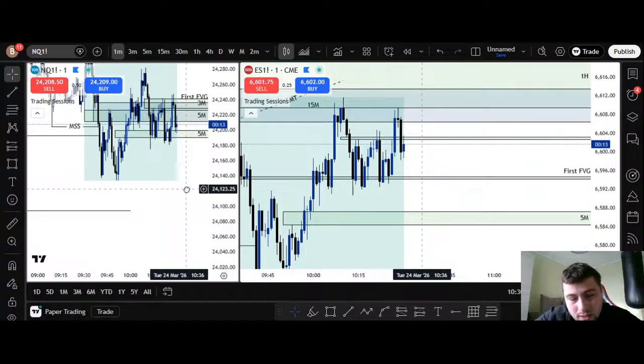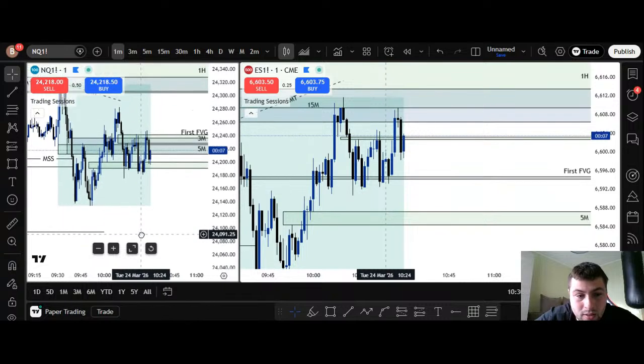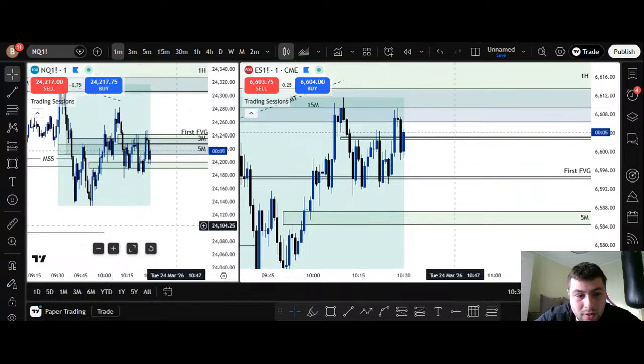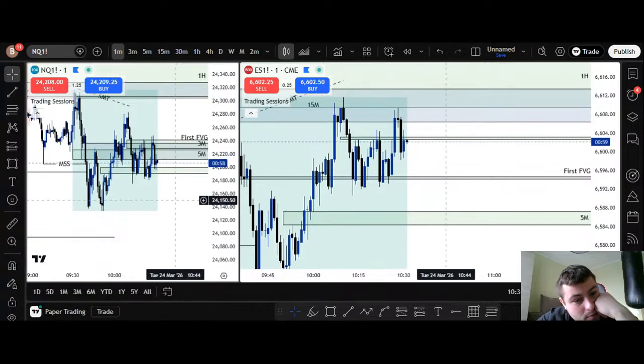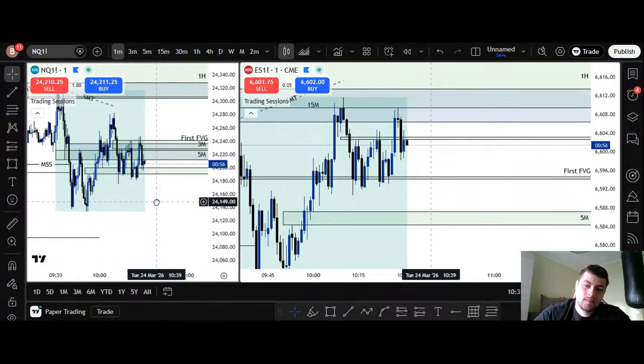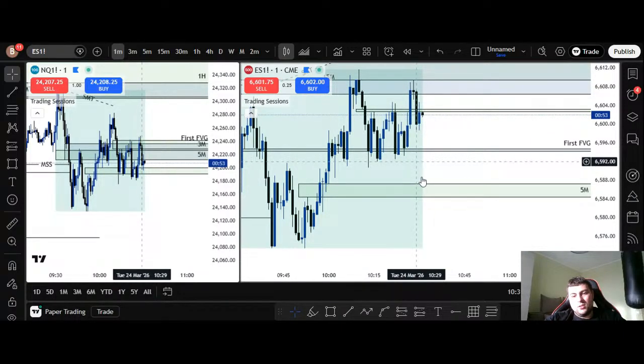That says to me that the price action is choppy. There is no algorithmic price delivery. This still might happen somewhere here, maybe. Let's just wait a little bit. Am I going to short if price will inverse this 5 minute?